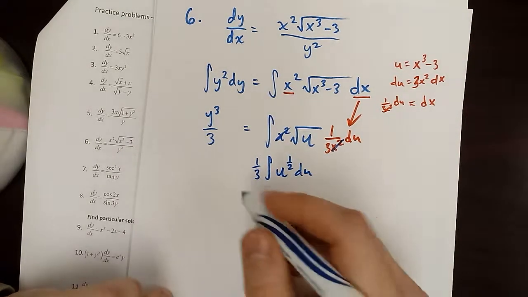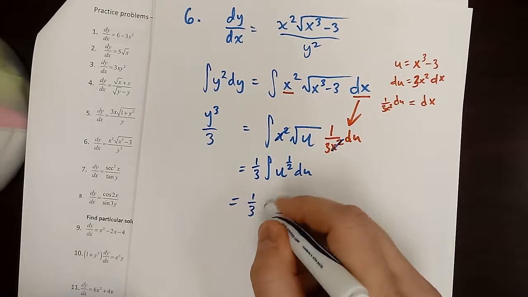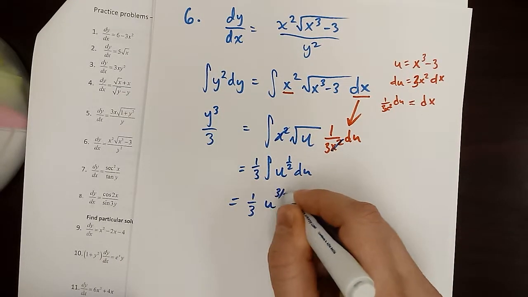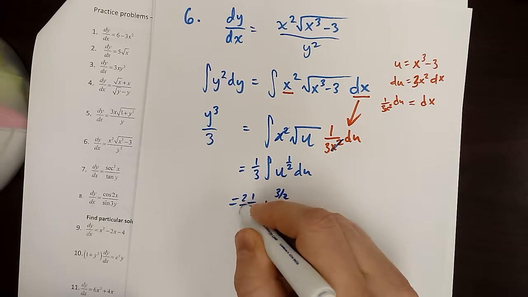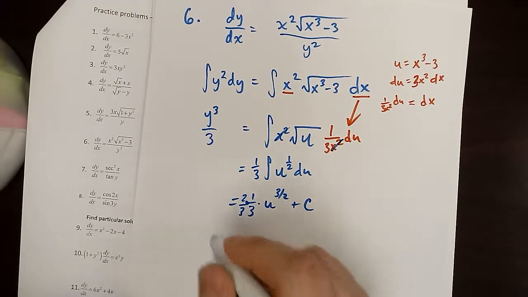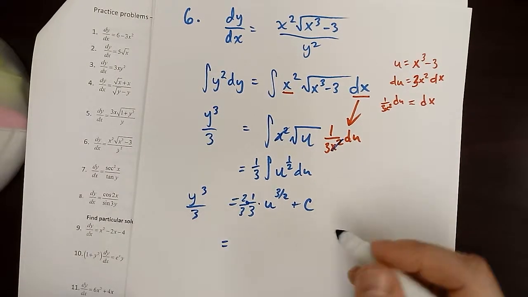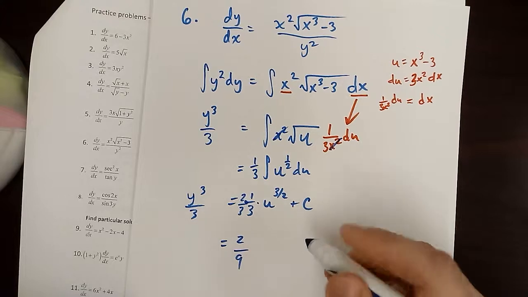And that's a very easy integral for us to handle now. So we'll get 1/3 u to the 3/2 times 2/3 plus c. So y cubed over 3 is equal to that, and so that's 2/9.